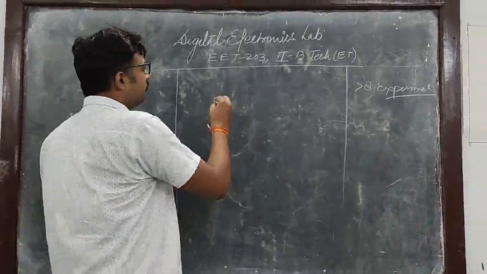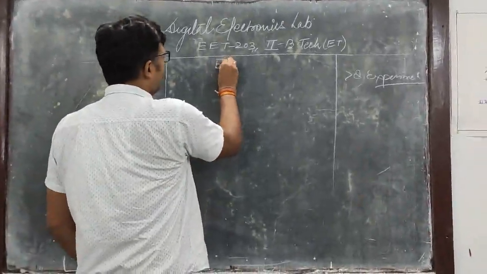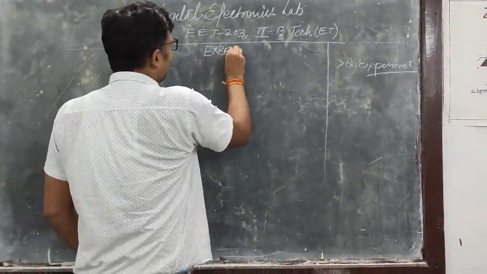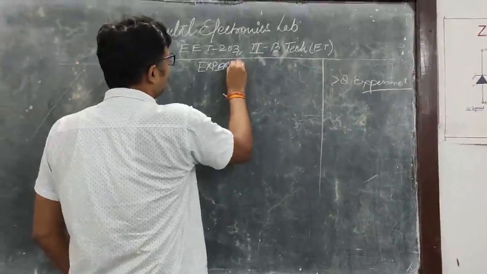First of all, you have to write the experiment number at the top of the copy.